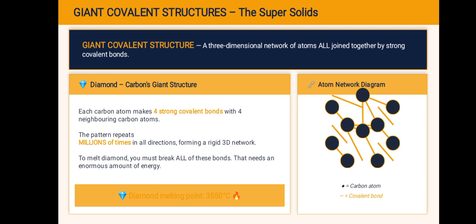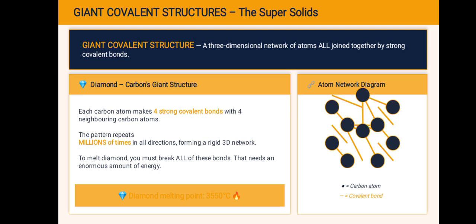The pattern repeats millions of times over. This creates a massive, rigid, 3-dimensional cage-like structure where every atom is firmly locked in its specific place.